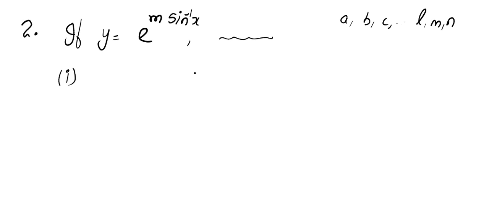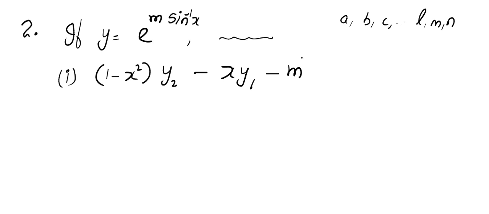Okay, again I have divided the question into two parts. 1 minus x square into y2 minus xy1 minus m square y equal to 0. And I'll again repeat, the first part is related to the last video. Those who didn't watch the last video, I'll strongly recommend pause this video right now and go for it.